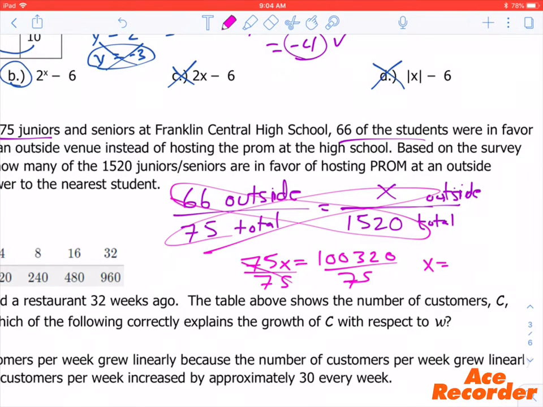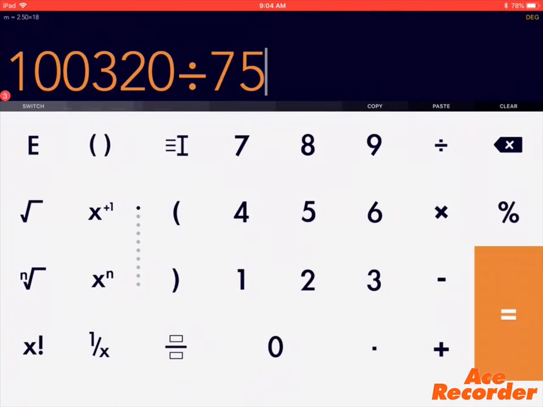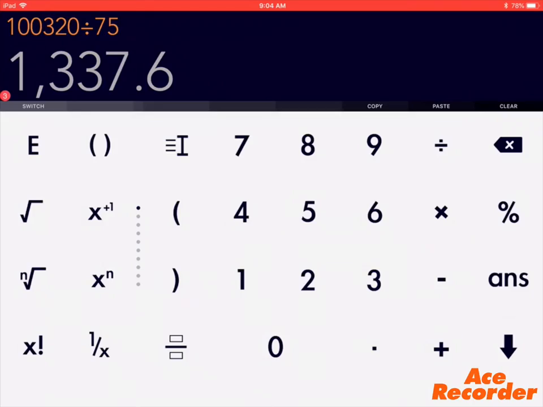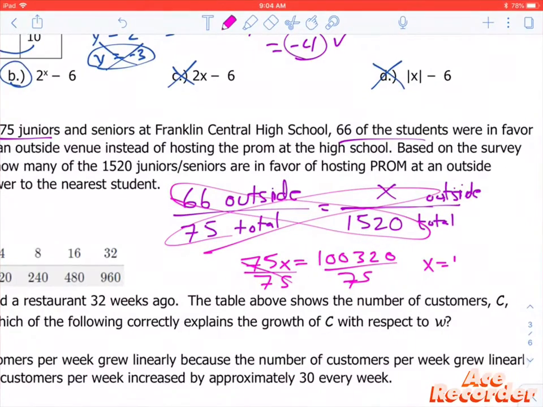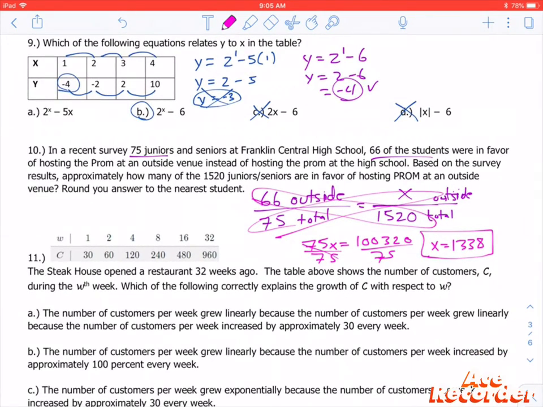To the nearest student, that divided by 75 equals 1338, rounded up. 1338 students, okay? So once again, that is a proportion.